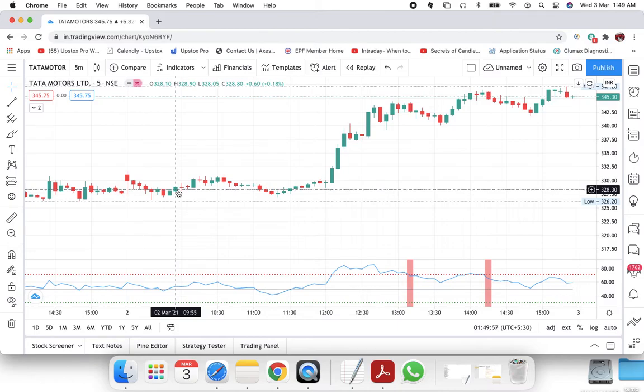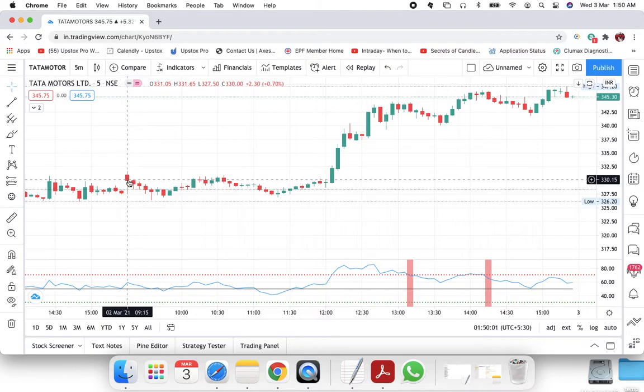If the candle is red and then consecutive candles are in red, and every candle's close is lesser than the previous candle's close, then it is a downtrend.